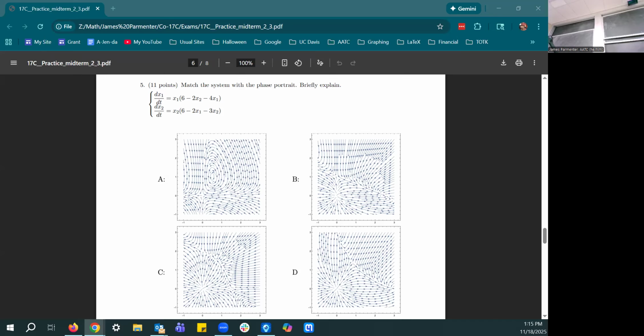Or maybe try to look at the Jacobian to classify what (0, 0) looks like: is it an unstable node, or is it more like a saddle? All three of these look pretty unstable-node-like for the origin, whereas this one looks more like a saddle. So it's probably not that one, because it's probably going to be one that's harder to figure out. But again, if that's not something you might encounter, then it's probably not the best use of our time.